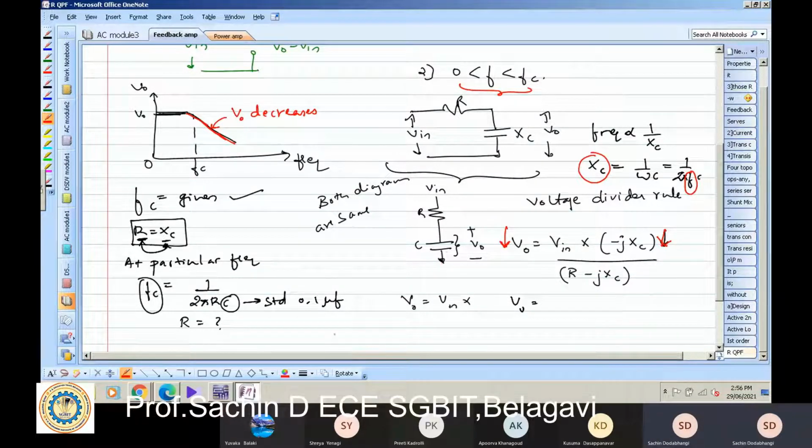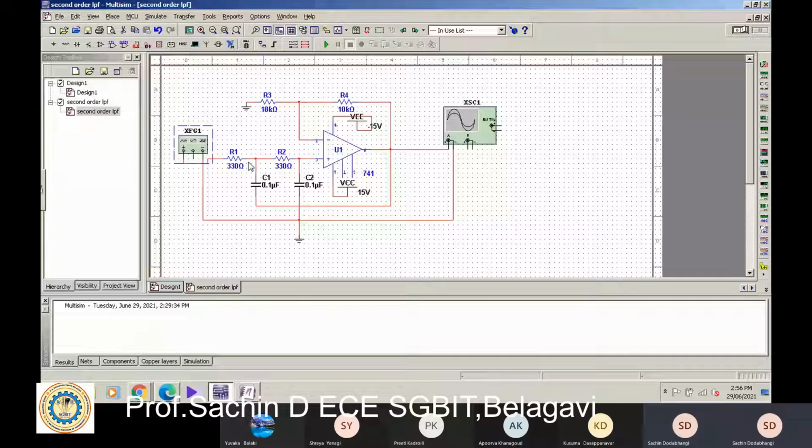So going back to the circuit here, in the low pass filter I have taken second order. If you consider only R1 and C1, one resistor and capacitor, that will give first order. If I take two resistors and two capacitors, that gives second order.